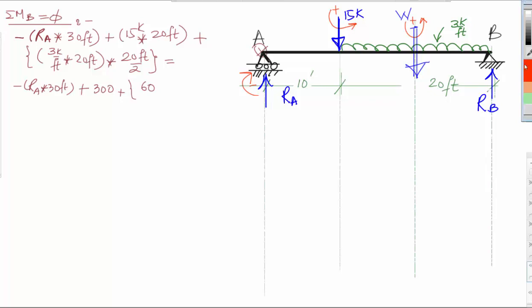Again, the foot and this feet will cancel, so I'll be left with kips. 60 kips multiplied by a distance of 10 feet is equal to 0. So RA is equal to 300 plus 600 divided by 30, and is equal to 30 kips. So this is the first reaction.